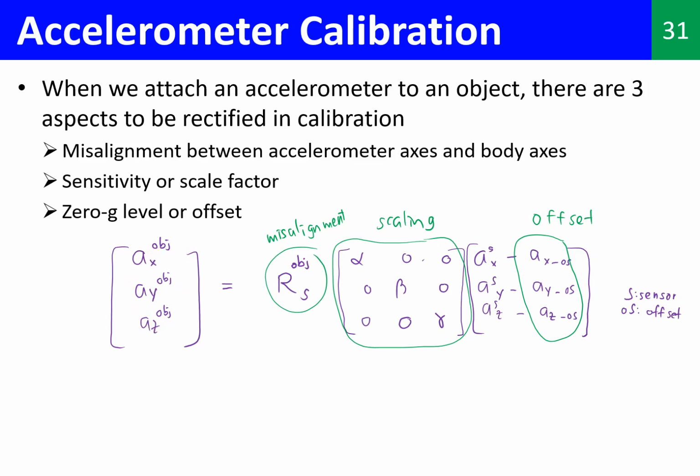Now, if we take the first two 3x3 matrices, we can multiply them and we will get another 3x3 matrix.